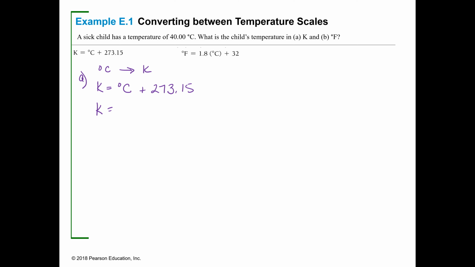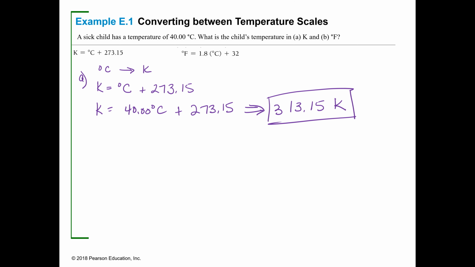So K equals 40.00 degrees C plus 273.15 gives us 313.15 Kelvin. Notice that I put the K there because that's what my answer is in. And I am going to put a box around my answer.